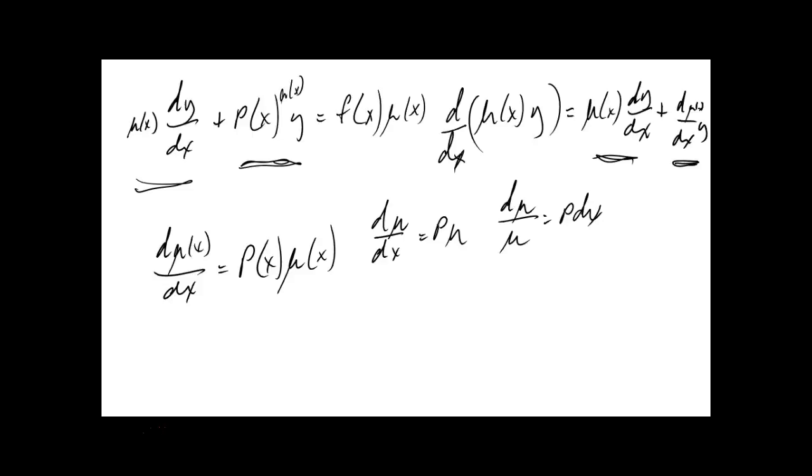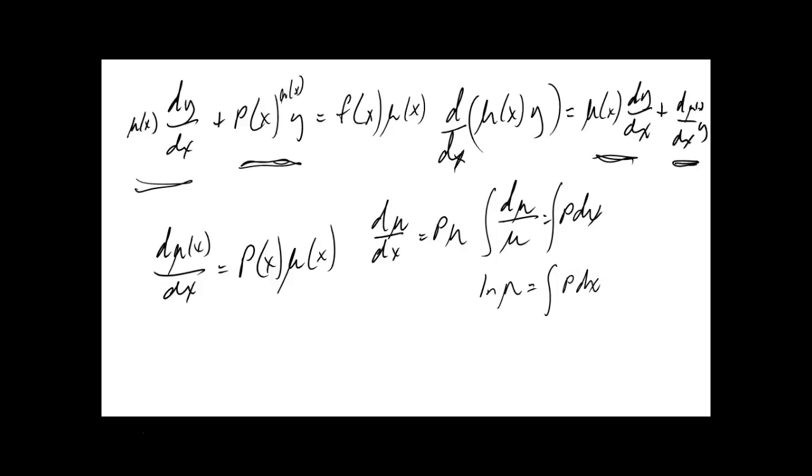We're going to come back and plug that in. If you were to integrate both sides of this, what's the integral of d mu over mu? Log mu. Technically it should be an absolute value, but let's just assume mu's always positive, never zero, never negative. We may live to regret that, but let's try it. And then this would be the integral of p dx. Now we don't know enough about p to know whether we can do that.